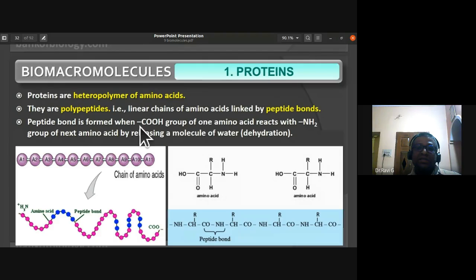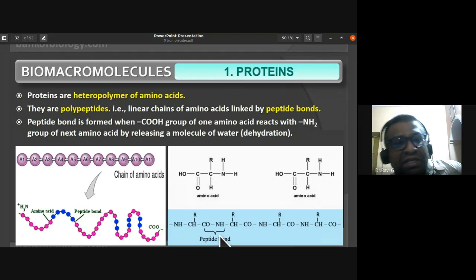How is the peptide bond formed? A peptide bond is formed when the COOH group of one amino acid reacts with the amino group of the next amino acid. They release a molecule of water, that is, dehydration takes place, and a peptide bond is formed between CO and NH.